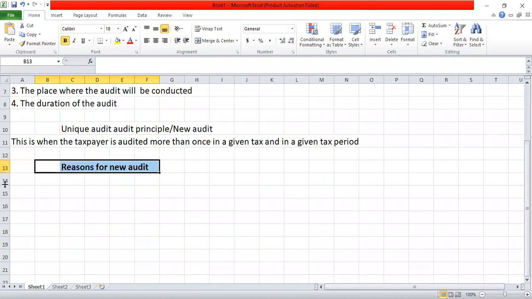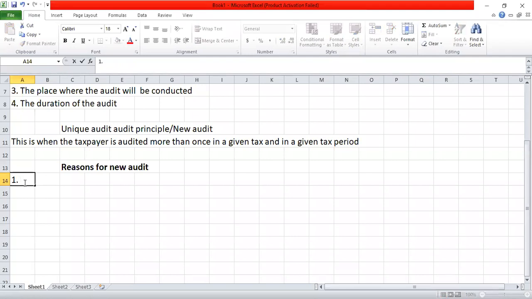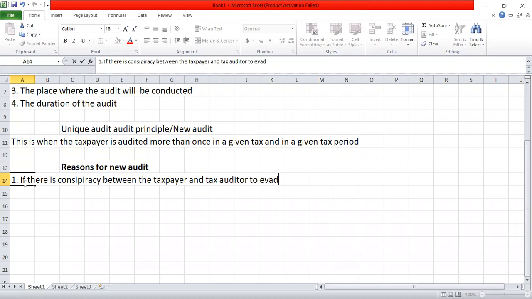The first reason, if there is conspiracy between the taxpayer and tax auditor to evade the tax.